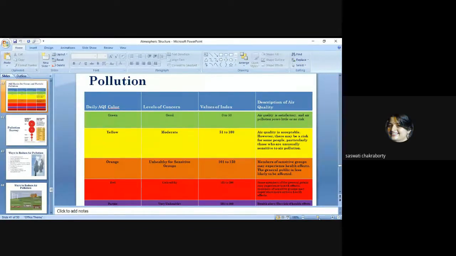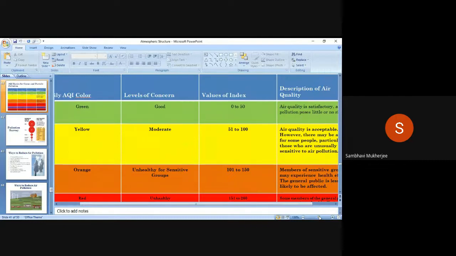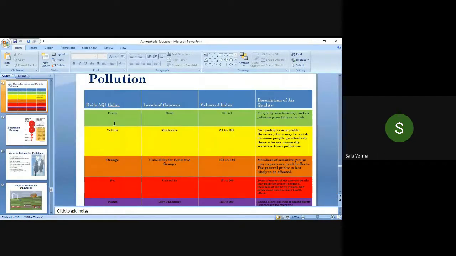So when the index value is 0 to 50, the level of concern is good, and the AQI color is indicated by green. Air quality is satisfactory and air pollution poses little or no risk. It can be Switzerland, of course. This is arbitrary. At this moment, having an AQI range between 0 to 50 is a daydream.